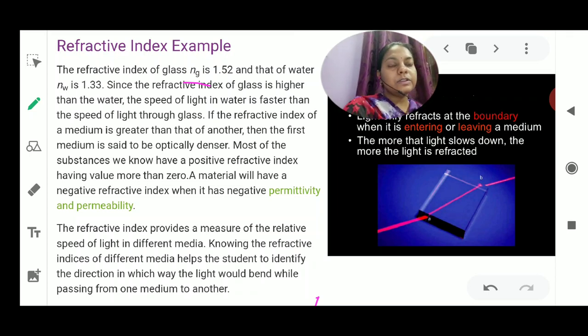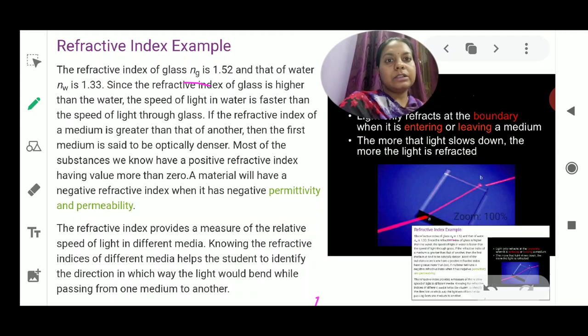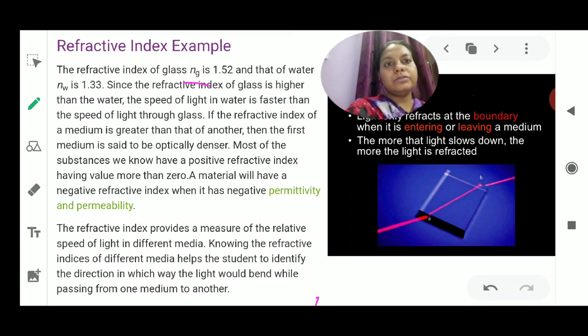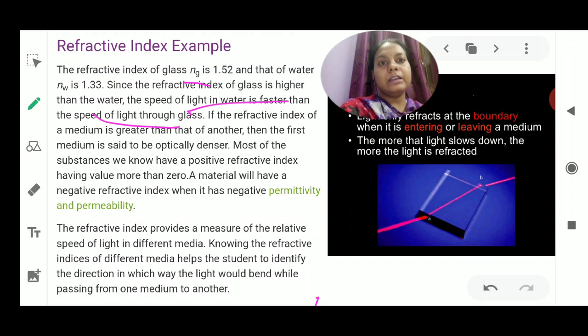And we could also see on the basis of the molecules that the density of these two is very different, because the density of glass is much more than that of water. So the speed of light is going to be faster in water as compared to the speed of light in the glass.